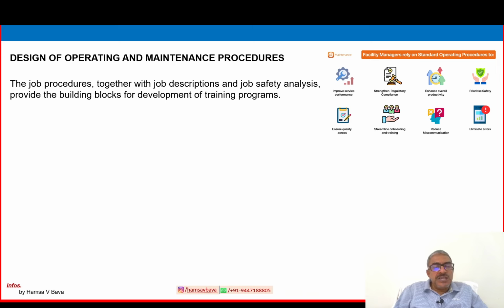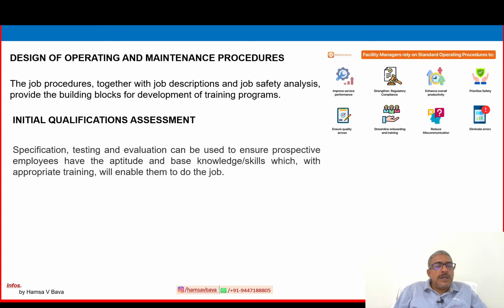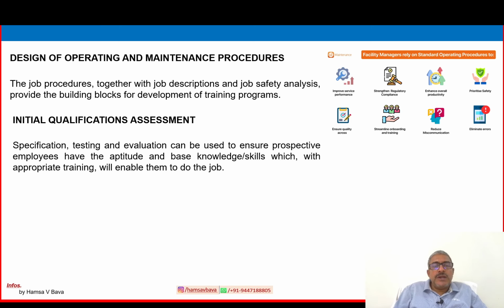The job procedures, together with the job description and job safety analysis, provide the building blocks for development of training programs. Initial qualification assessment: specification, testing, and evaluation can be used to ensure prospective employees have the aptitude and base knowledge and skill, which with appropriate training will enable them to do the job.